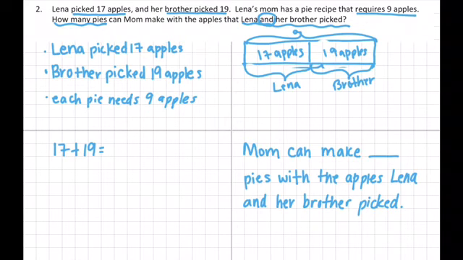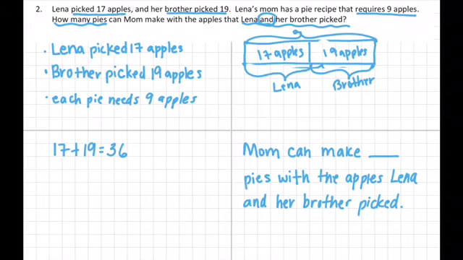And what is that? So I can make my 10s, and so I know that 9 plus 1 is 10. That leaves me 6 left over. So I know that's a 6, and I had to carry my 1. So that's 36 apples. So they had 36 apples all together.